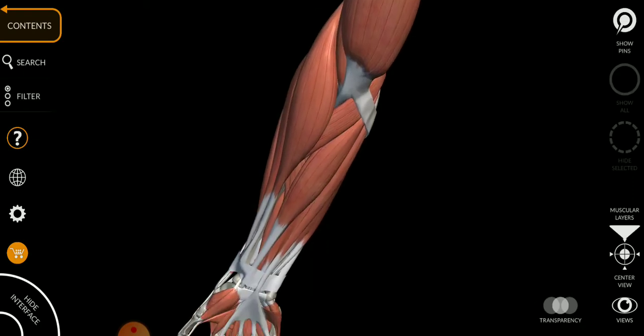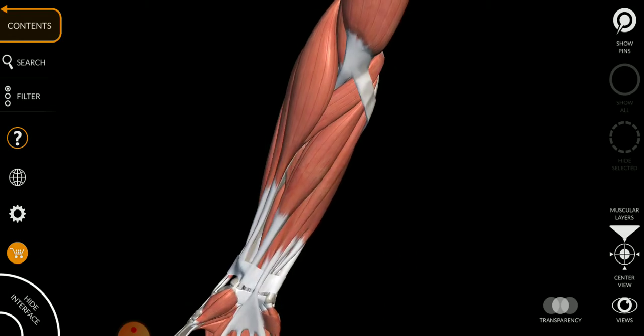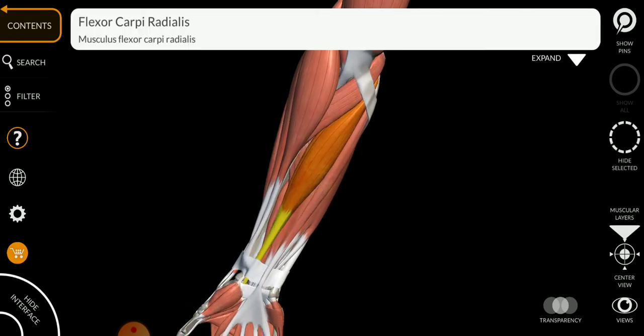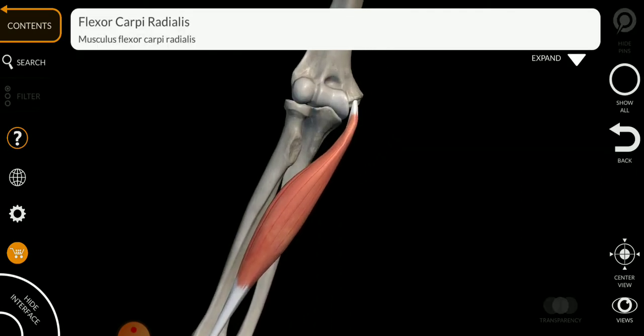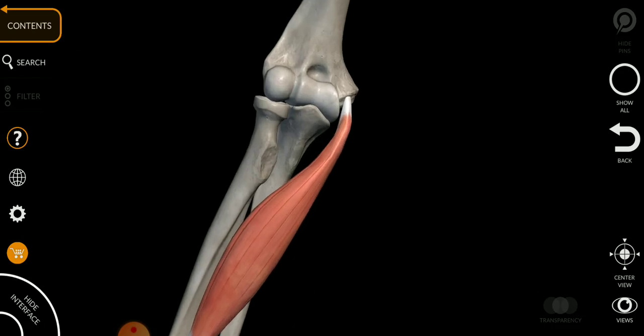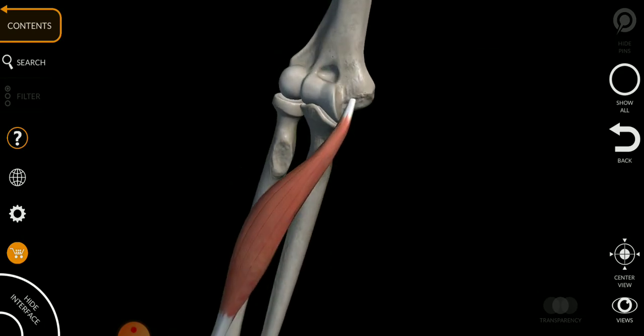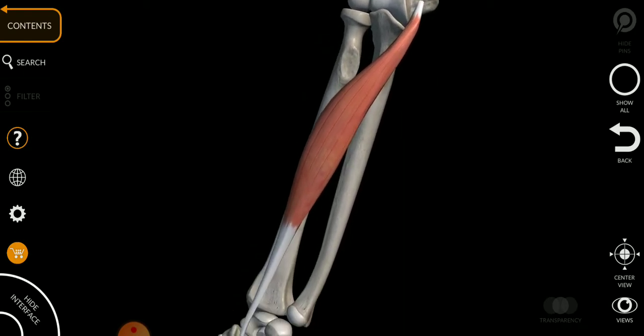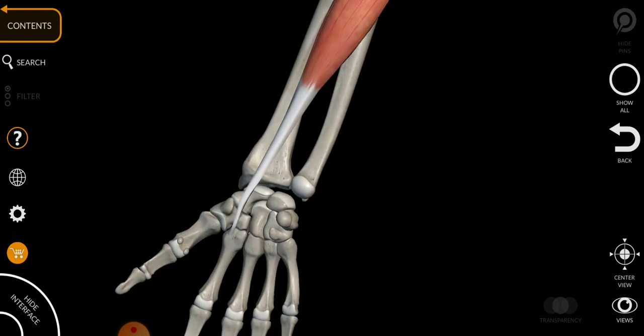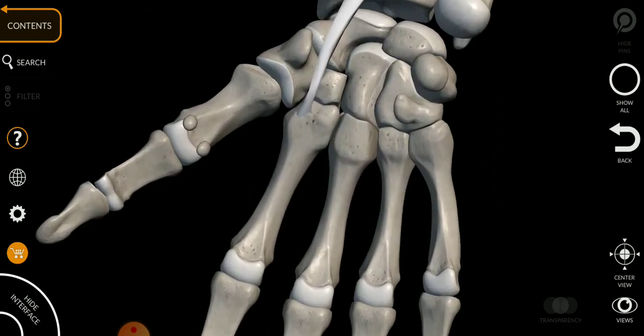Another muscle just near the pronator teres is the flexor carpi radialis. The flexor carpi radialis has its origin again from the medial epicondyle of the humerus. We can see here, from the medial epicondyle, and it has an insertion into the base of the metacarpal.